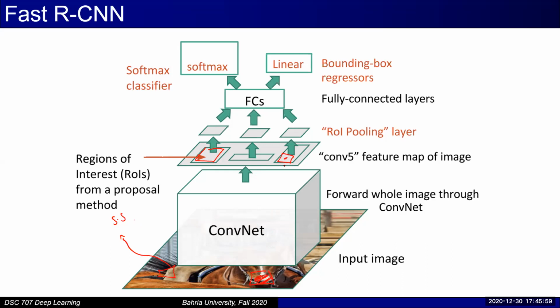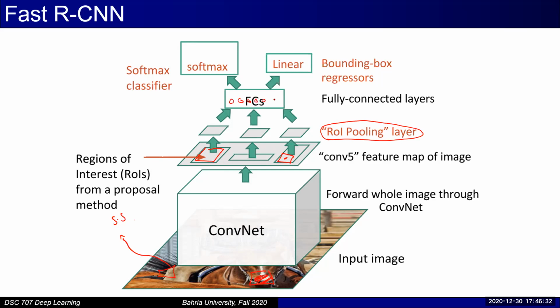Now you see the advantage: instead of feeding 2000 separate boxes to the CNN, you feed the image just once, you have the feature map, and you directly map the region proposals onto the feature map. Once you have these region proposals, you have another new concept which was not present in our CNN, which is called ROI pooling. I will explain it later, but I'm giving you the global picture. Once you have fully connected layers in the network, it means you have a fixed number of neurons.